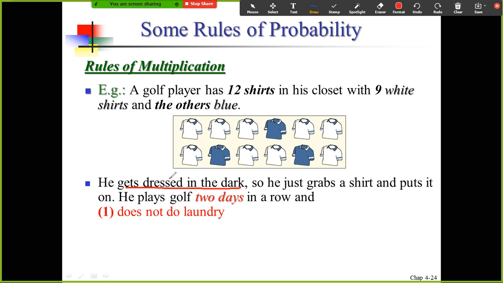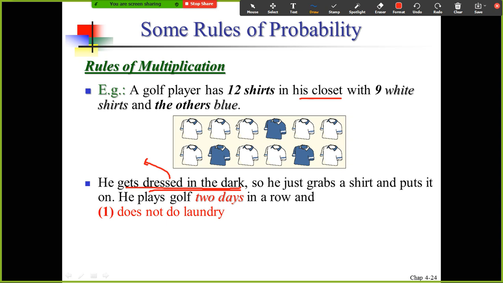That's why it means random. He selects or gets the shirt in his closet without seeing anything. That's why he selected randomly. This is what it means that he selects randomly, because he cannot see.